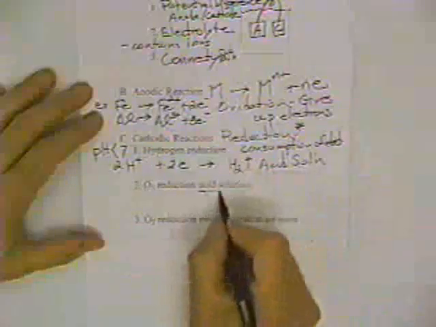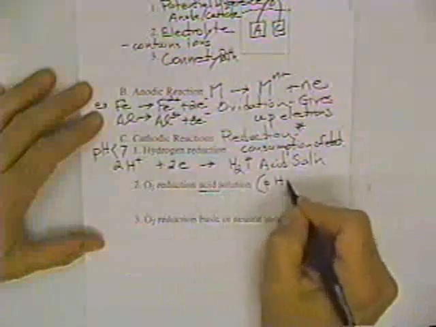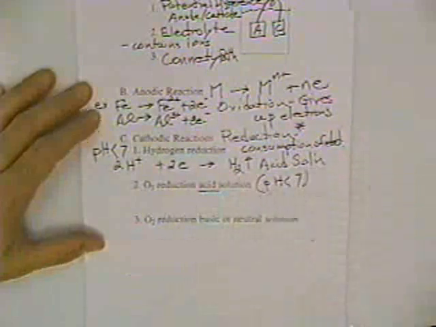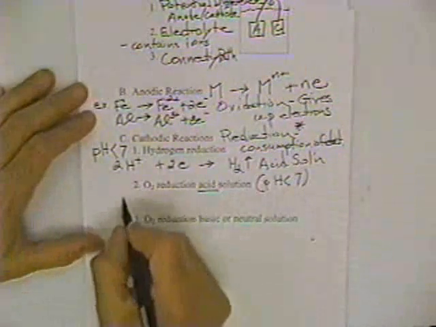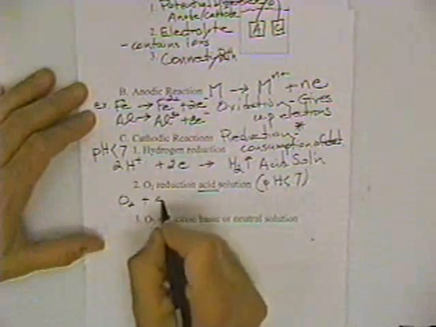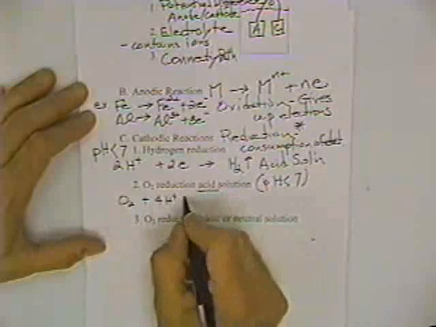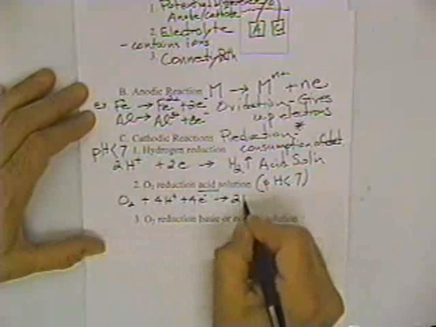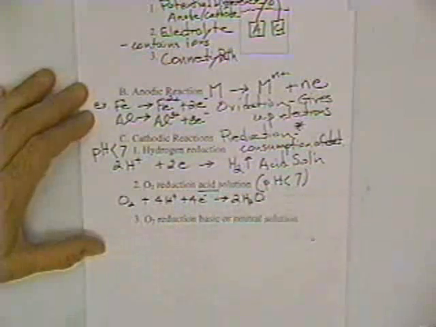Now, one of the elements that is a major problem with corrosion is oxygen. And there are 2 oxygen reactions. One for an acid solution, so the pH has to be less than what? Well, we just said it, didn't we? It has to be less than 7. The oxygen reduction reaction is oxygen plus 4 hydrogens plus 4 electrons forms 2 H2O.